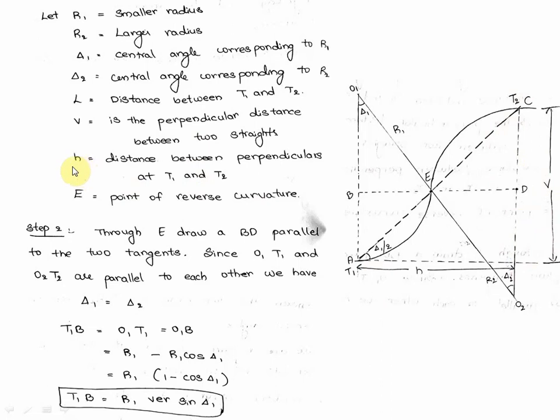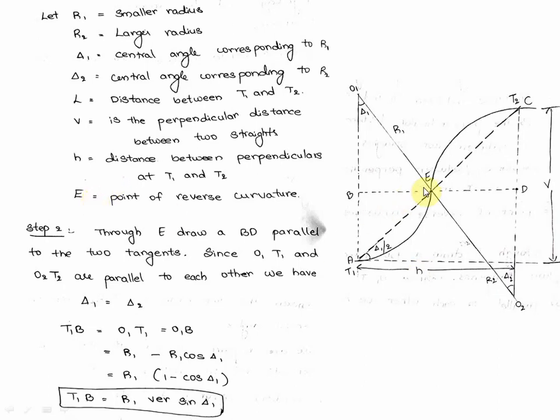And small h is the distance between the perpendiculars at T1 and T2. This is the horizontal distance between the perpendiculars at T1 and T2.